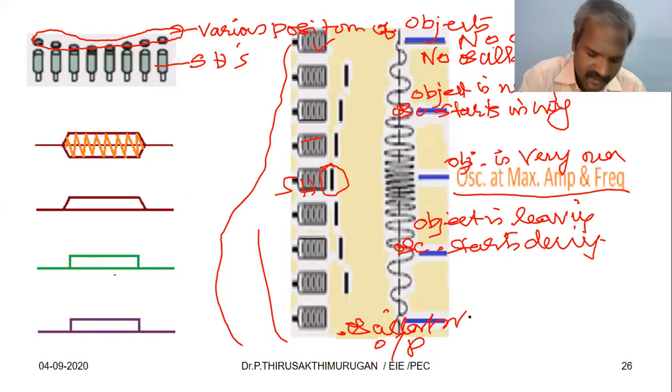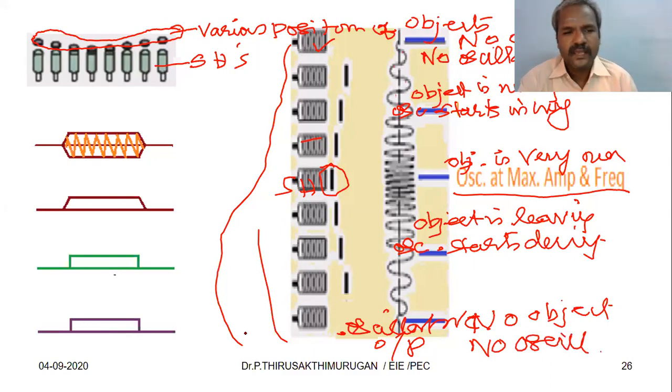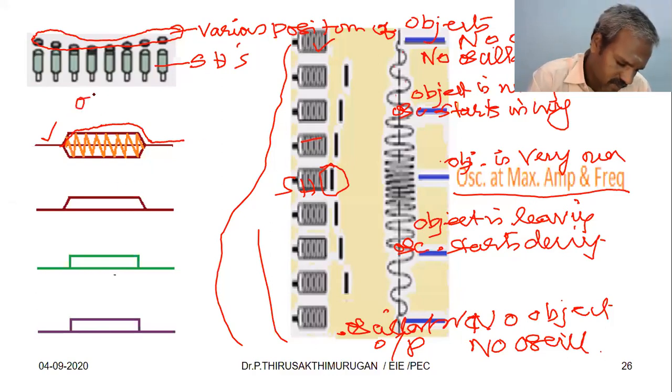Again, when the object is fully away, there is no object and no oscillation. So when the object is approaching, the oscillation increases, and when the object moves away, the oscillation decreases. This is the oscillator output.